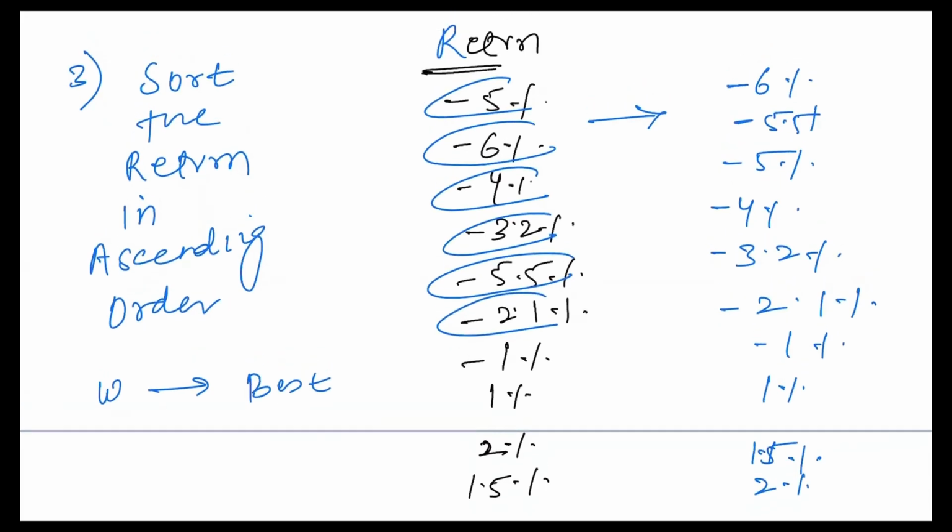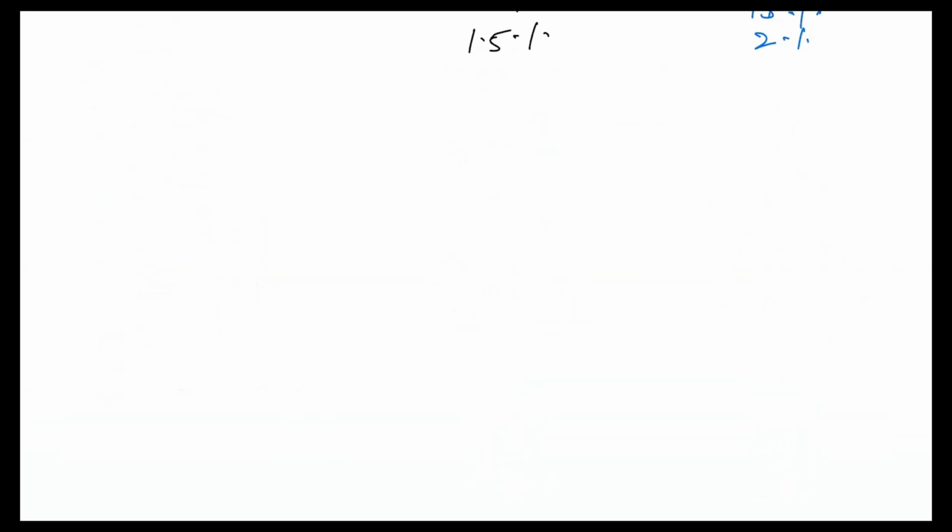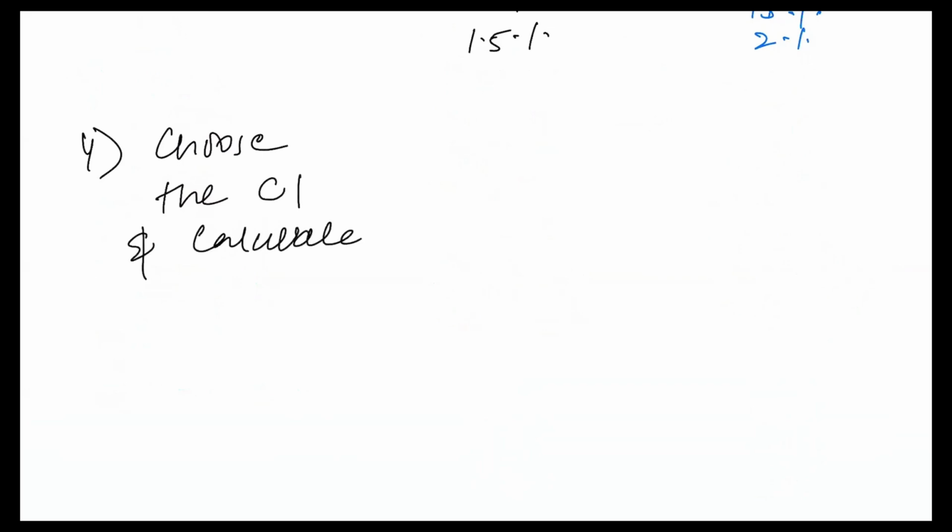So now once you have arranged this, the next step is choose the confidence interval and calculate the rank. Let's say you can calculate the position or rank, whatever you want to say, okay? So let's understand how to calculate the rank.